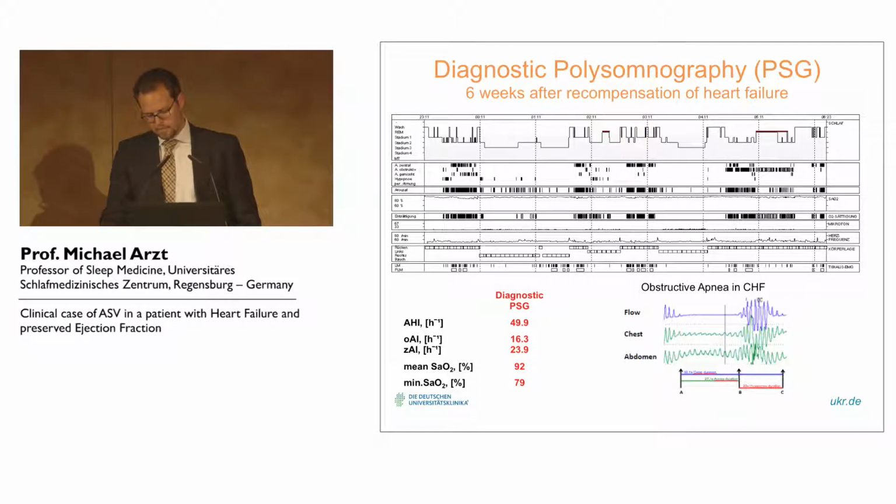And my point is, when we look at the obstructive apnea, we see it's a clear obstructive apnea, zero flow, but there is effort in chest and abdomen. But if you look here at the ventilation phase, it's the crescendo, decrescendo, and it looks like a Cheyne-Stokes respiration superimposed on obstructive sleep apnea.